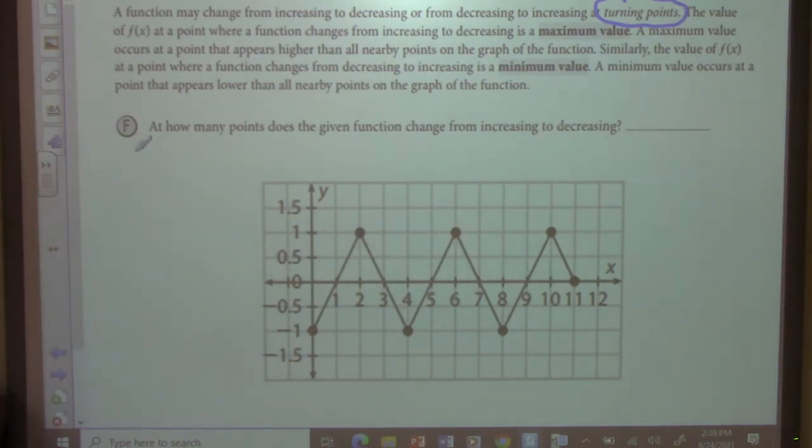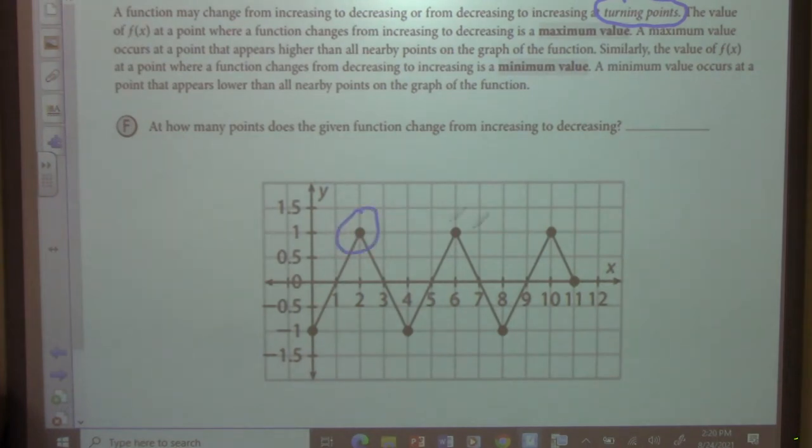And then the question is, at how many points does the given function change from increasing to decreasing? Here we're changing from increasing to decreasing.